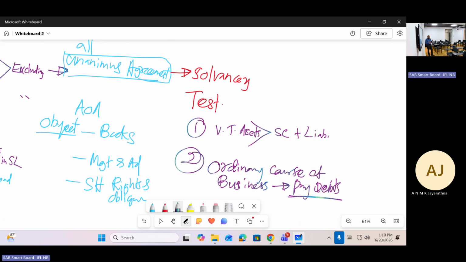In its ordinary course of business, we have to check whether the company is able to pay its debts. That is, we have to check the working capital of the company. Working capital. So we have to consider whether the company has good working capital, to pay its debts in the day-to-day business.